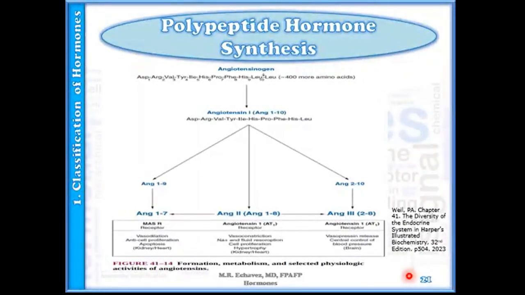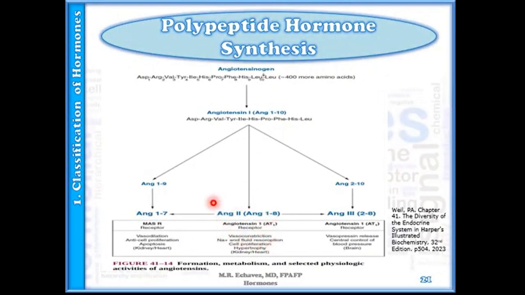So in this picture, you would see your angiotensinogen here, which will be cleaved later on to the first 10 amino acids. So it's a decapeptide, and as mentioned earlier, there are 2 amino acids that are cleaved on the carboxy terminal side. Okay, and then it will yield your octapeptide, your angiotensin 2, as mentioned earlier.